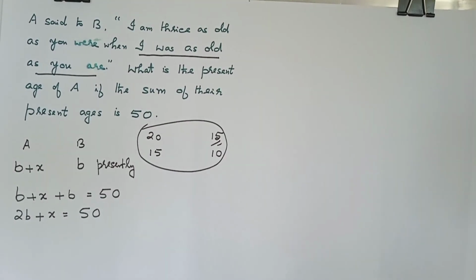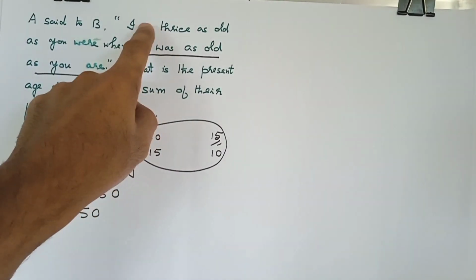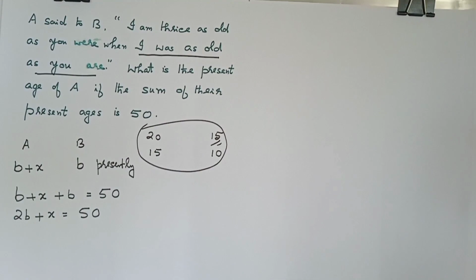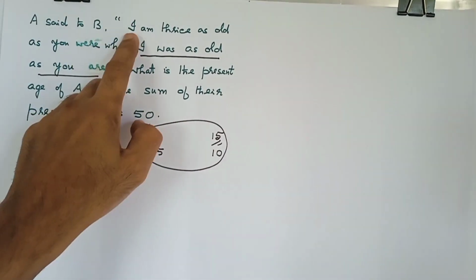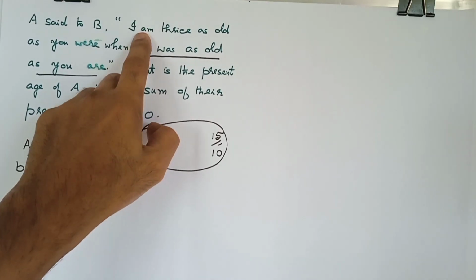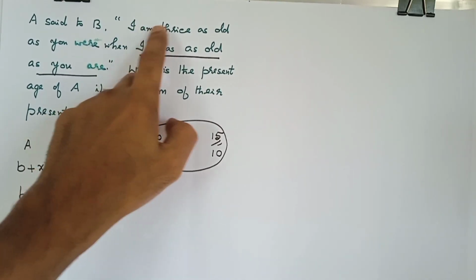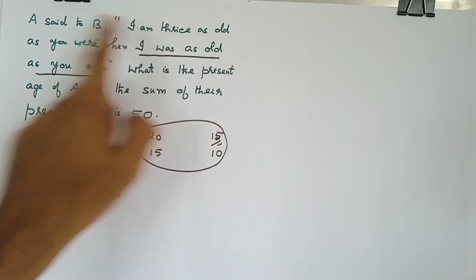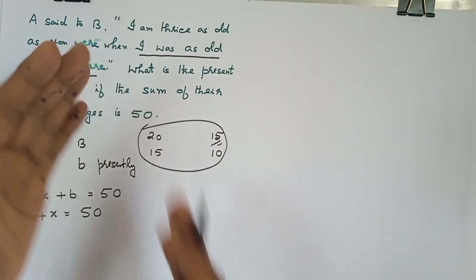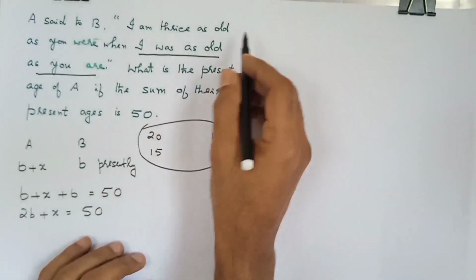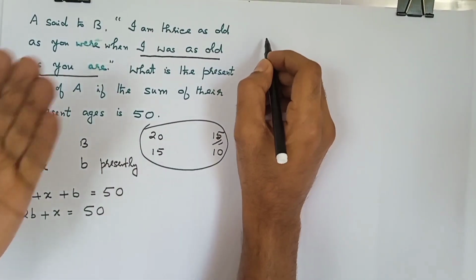We need one more equation which you will get from the inverted comma stuff here. Look at the first part of that. I refer to whom? A. This reads as A is thrice as old as B was, not B is. So how do you frame that equation? A is. What is the present A?